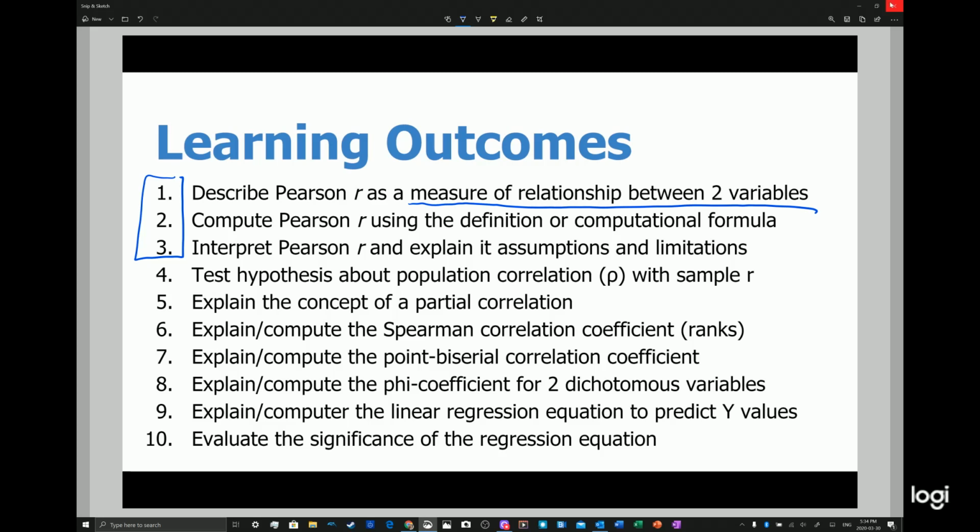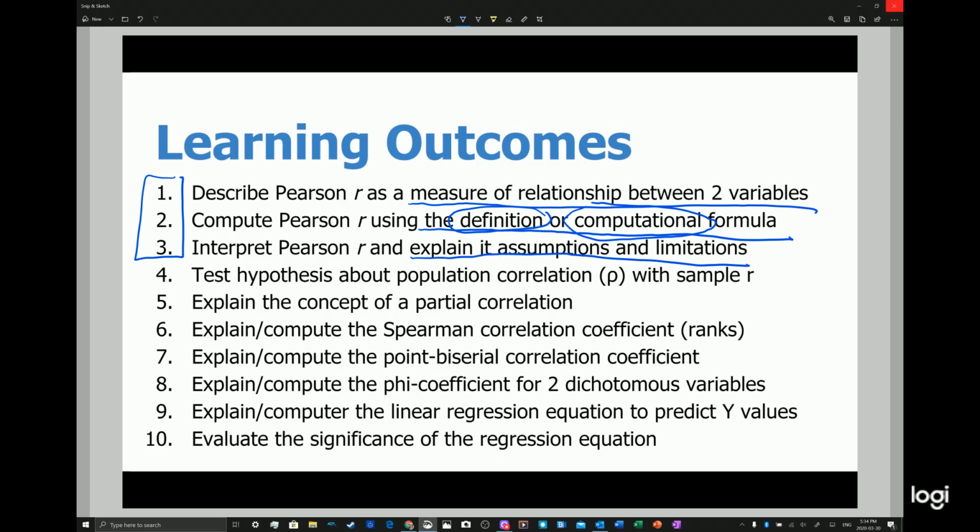We're going to calculate Pearson r using the definitional and computational formula. Again, these words may remind you of the sum of squares, definitional and computational formula. It's based on the same concept. And finally, we're going to interpret Pearson r and explain its limitations and assumptions.